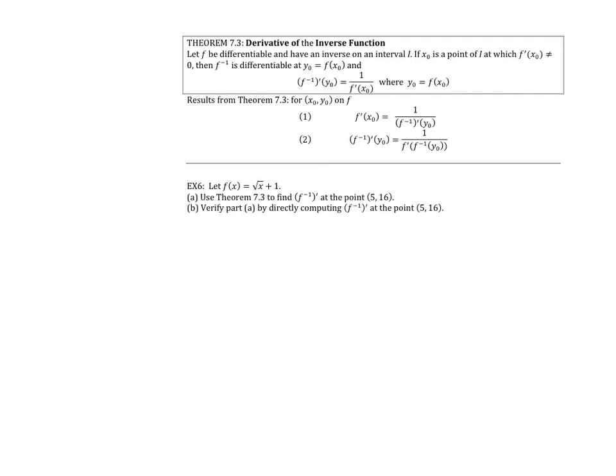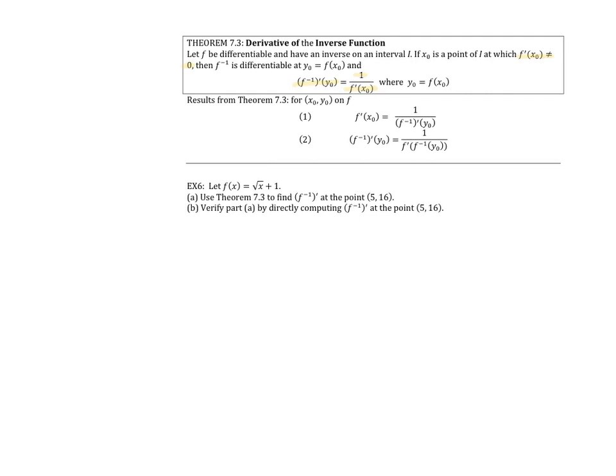So if we take the derivative of the function and we evaluate it at some x value, we just have to make sure that that derivative is not equal to 0. Then the derivative of the inverse function evaluated at the corresponding y value is going to be equal to 1 over the derivative of the function.